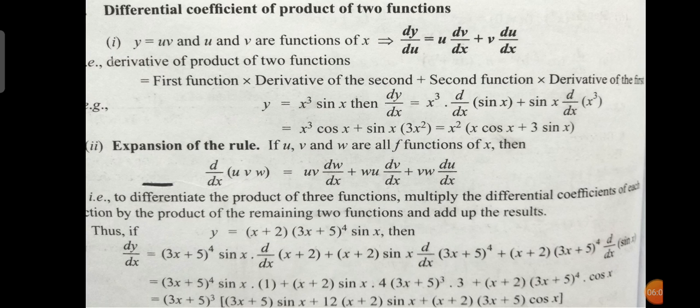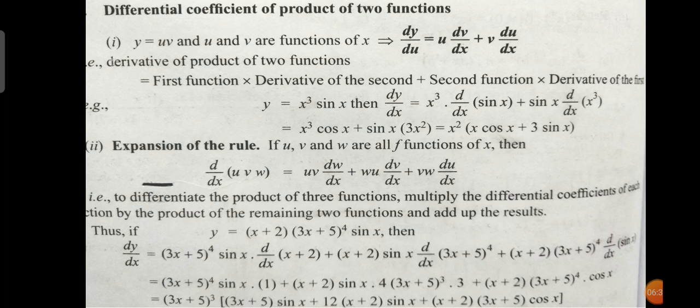And next, the fifth one, is the differential coefficient of a product of two functions. If y = uv, it is the product, where u and v are functions of x, then it is the product differentiation. Okay, the product rule is: u into dv/dx plus v into du/dx.